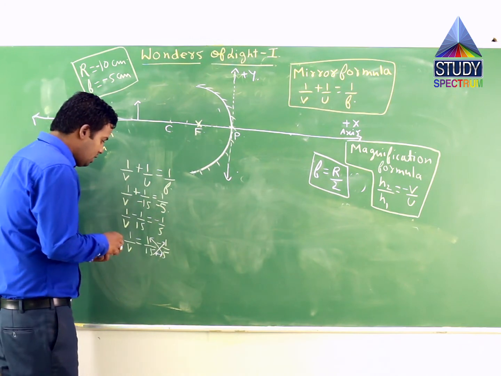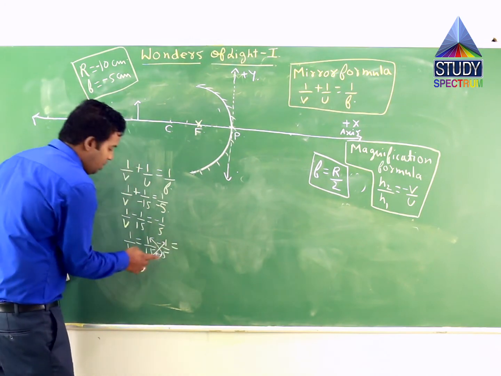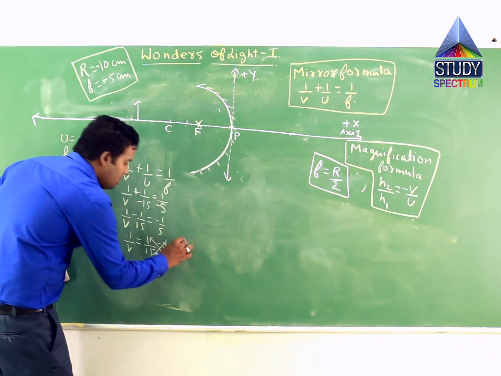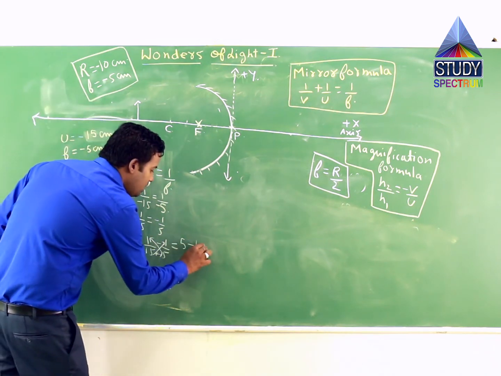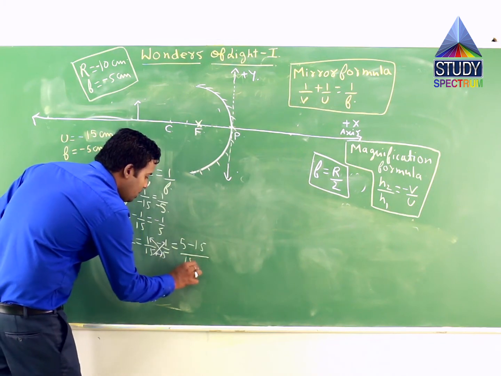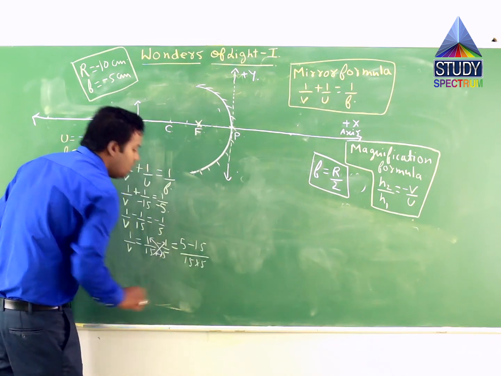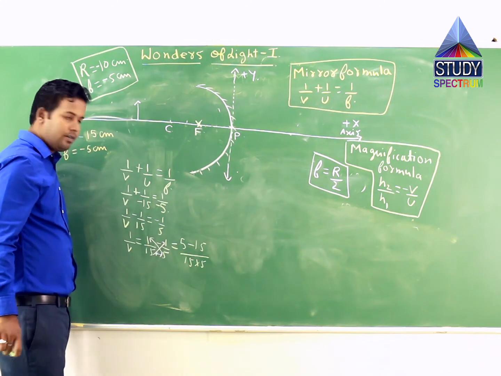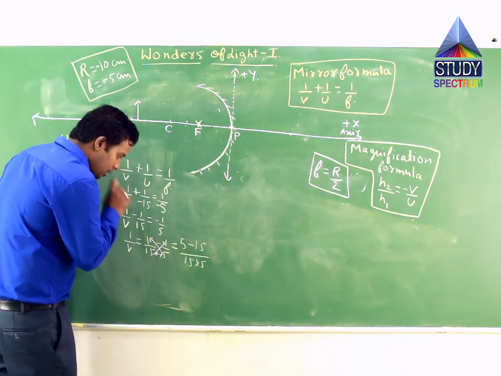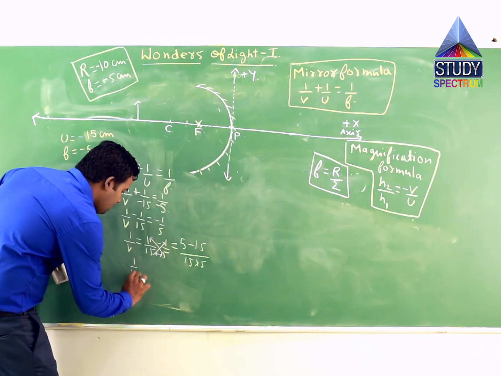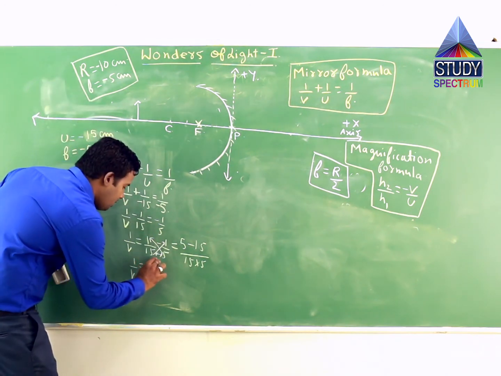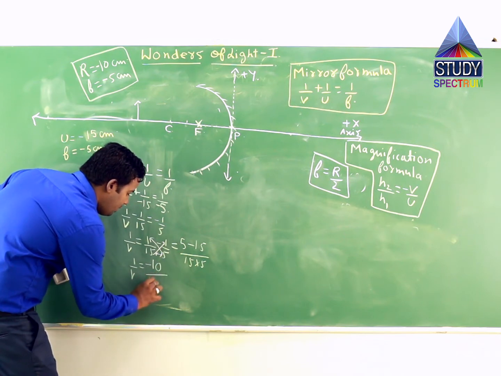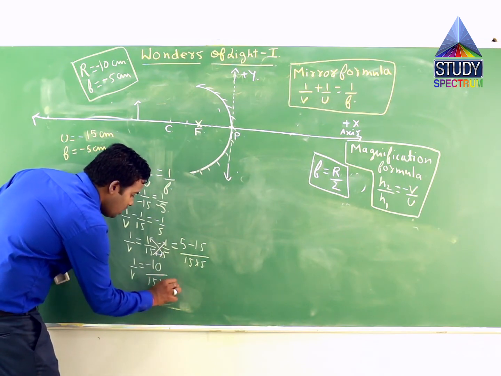Now you write this equation, the right hand side will become 5 into 1 is 5, minus 15 into 1 is 15, and you just multiply the denominators, do not give the result, 15 into 5. So this becomes 1 by V is equal to 5 minus 15 is minus 10 upon 15 into 5.